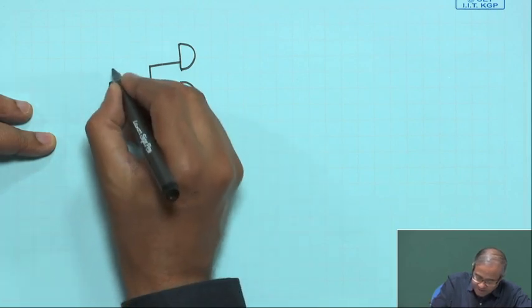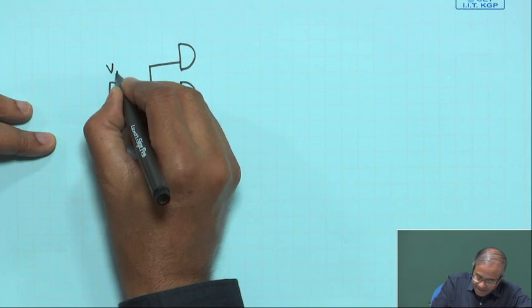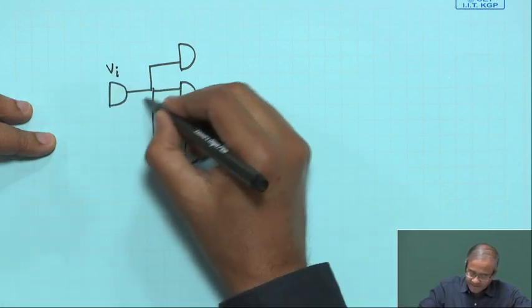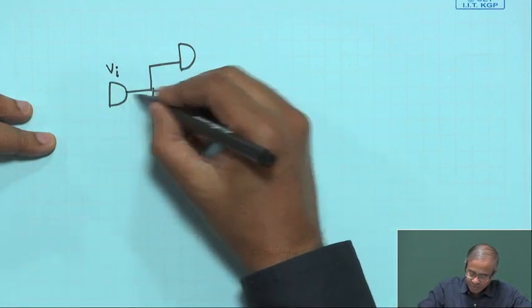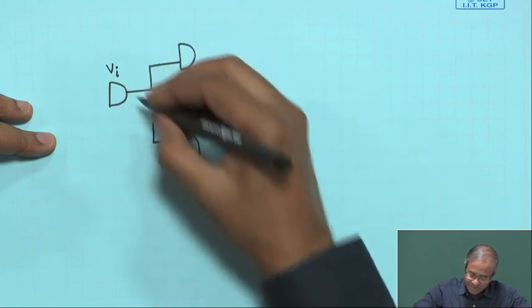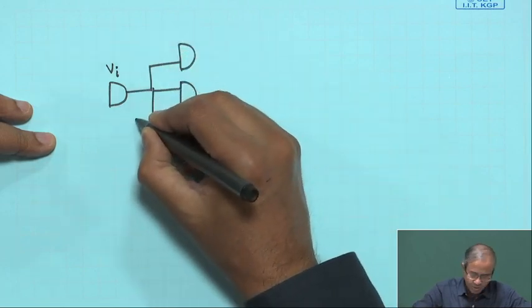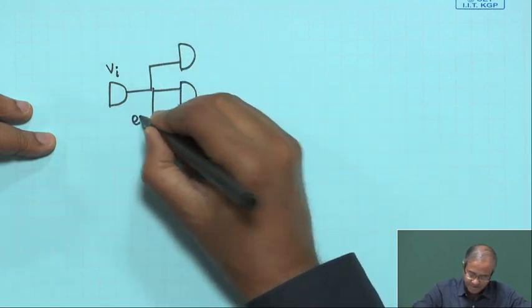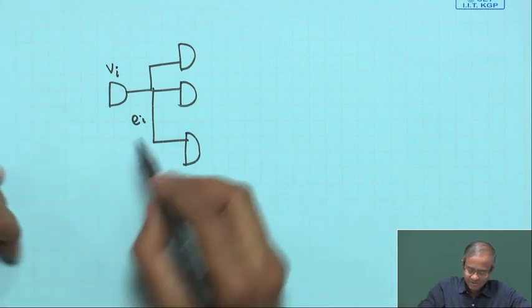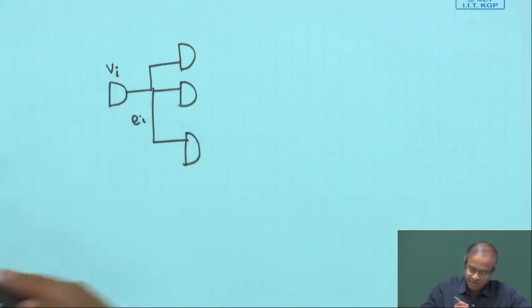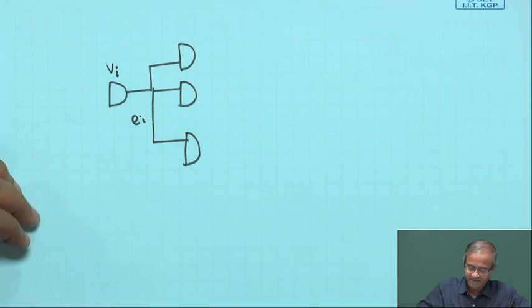Suppose this gate is Vi, then this output is going to 3 places. This is a single net. This net I am calling Ei. So, Ei is the net corresponding to the output of gate Vi, right.